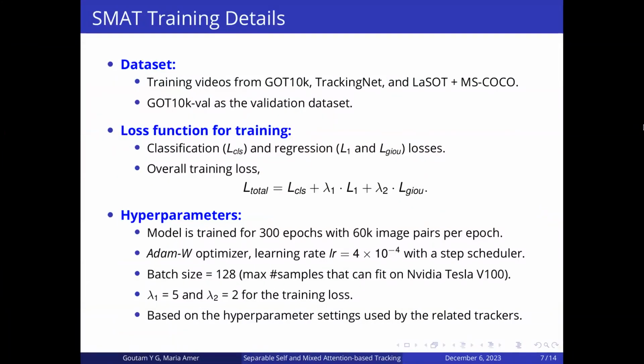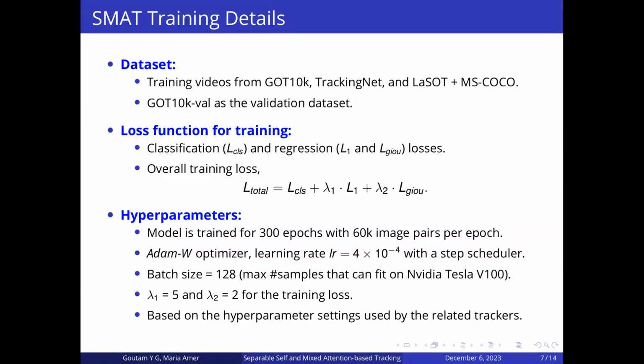To summarize the training details, we use the combined videos from the GOT10K, TrackingNet, and LaSOT datasets along with the images from the MS COCO to train our tracker. And we use loss functions for the classification and regression output generated by our tracker.